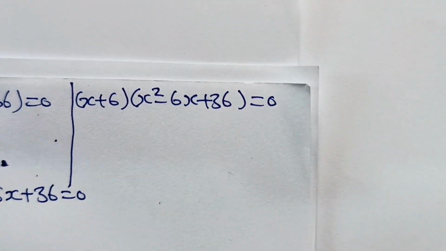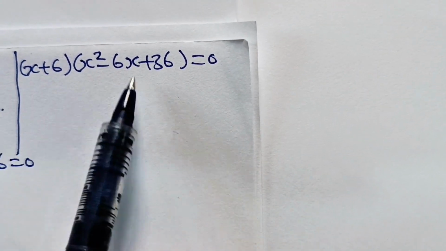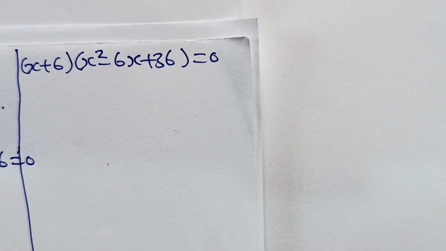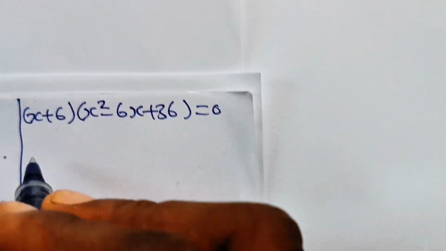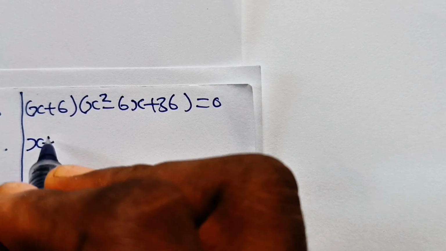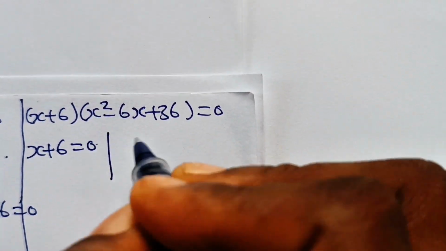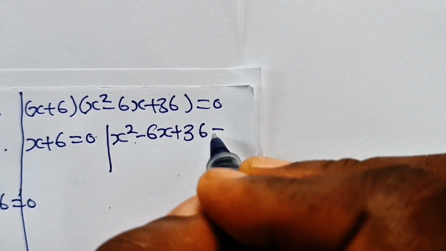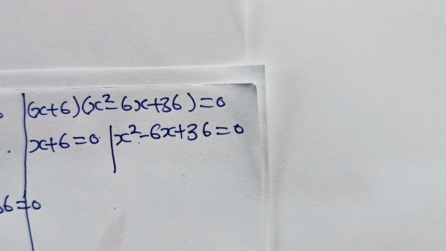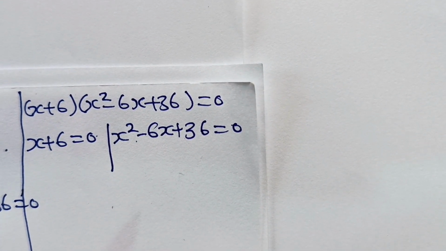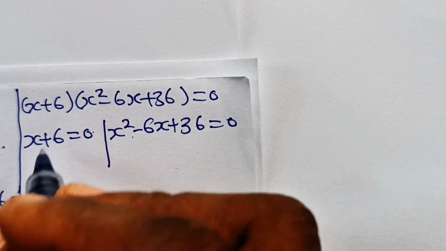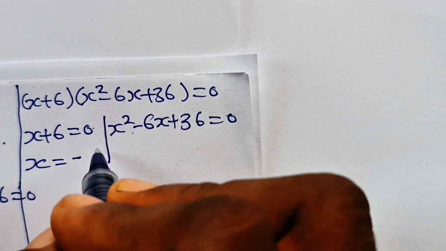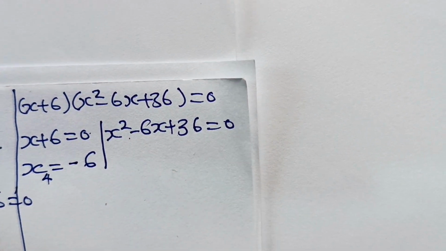Now recall that from here, we can say that x plus 6 is equal to 0, or x squared minus 6x plus 36 is equal to 0. All right, now from this side we can see that x is equal to minus 6, and this is the fourth value of x.